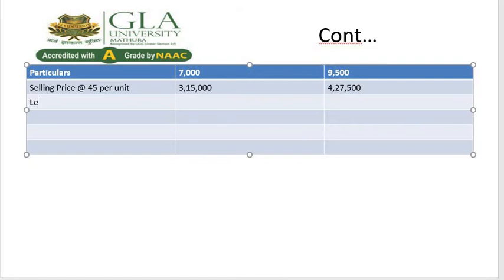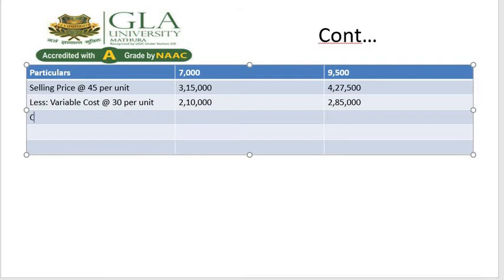Less our variable cost, given in the numerical as 30 rupees per unit, after multiplying it is 2,10,000 for 7,000 units and 2,85,000 for 9,500 units.